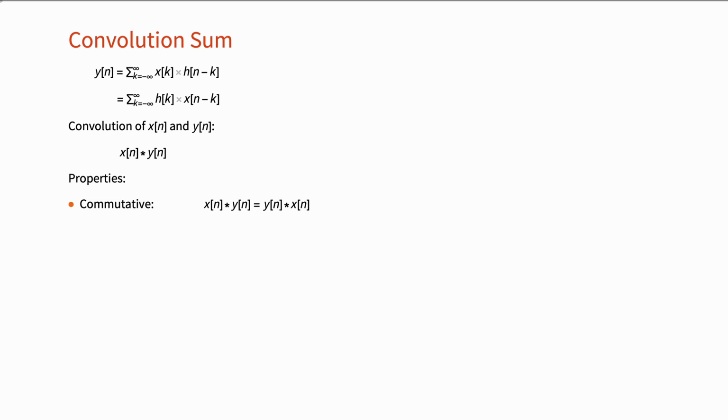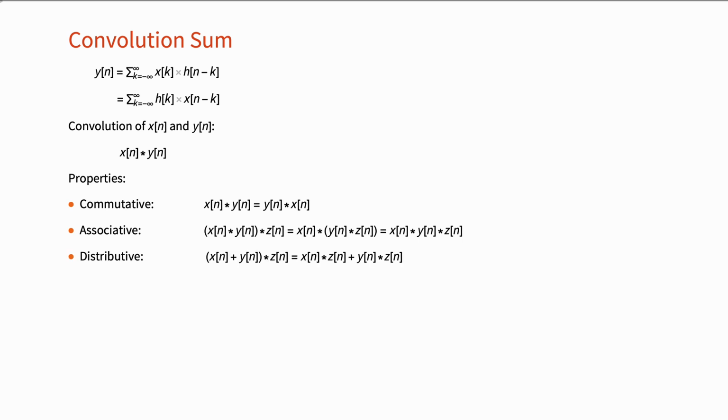Other properties of convolution are associativity, as shown here, and distributivity: the convolution of z[n] with the sum of two sequences, x[n] and y[n], is equal to the sum of the convolution of z[n] with each of these signals. Also, you can check easily that delta[n] is the identity element for this operation. Convolving delta[n] with any sequence gives the same sequence.